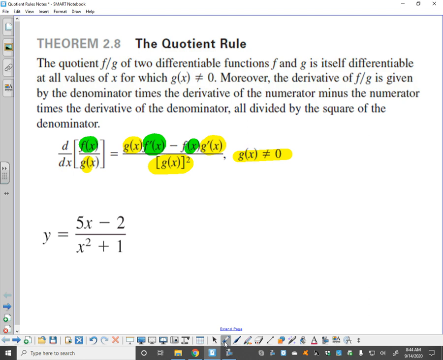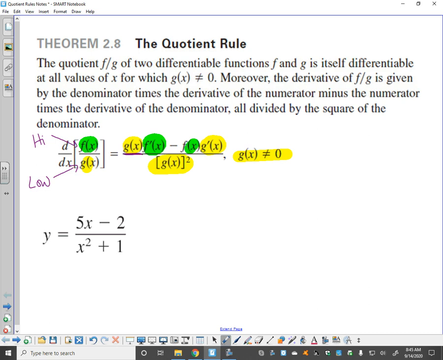Okay, so yeah, this is a tough one to remember. So there's this little song that almost every calculus student and teacher learns. It's something I learned and it's helped me tremendously. We're going to call the top high and the bottom low for obvious reasons. So here we go.